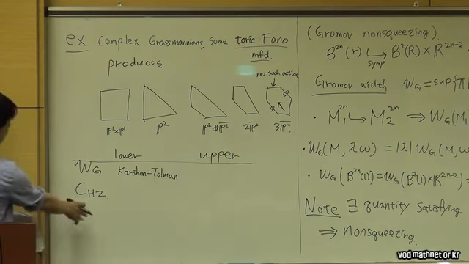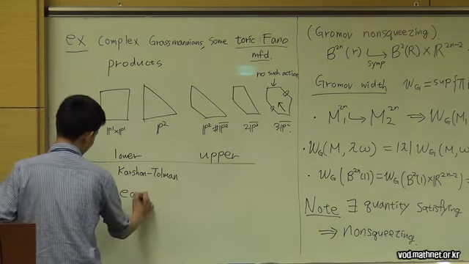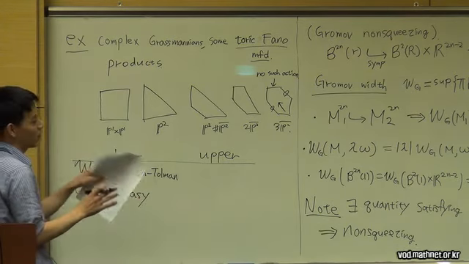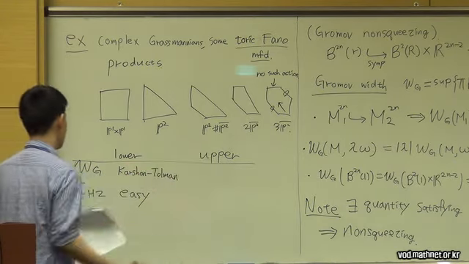And for the Hofer-Zehnder capacity, it's actually direct. We just modify it a little, and then we can show that that one is a minimum.